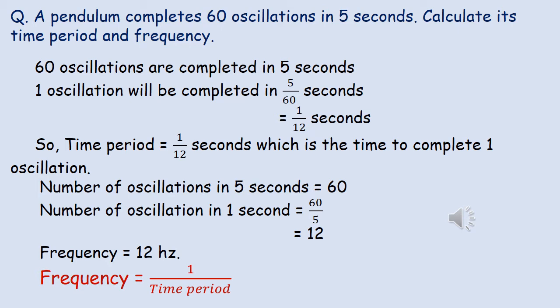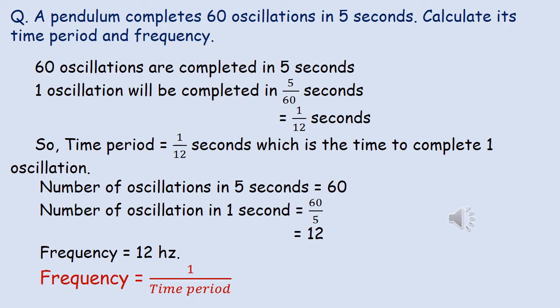Let us do a simple numerical problem on pendulum. A pendulum completes 60 oscillations in 5 seconds. Calculate its time period and frequency. Let us use the unitary method to solve this problem. We have to find out the time taken by one oscillation.